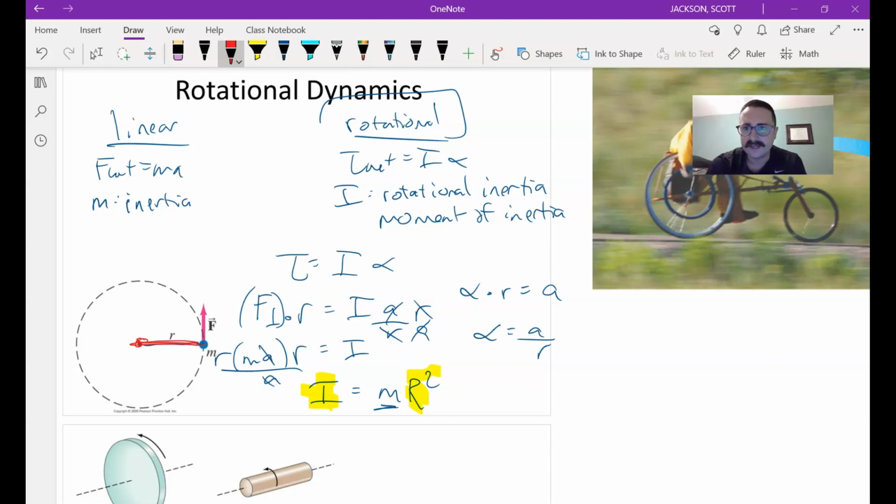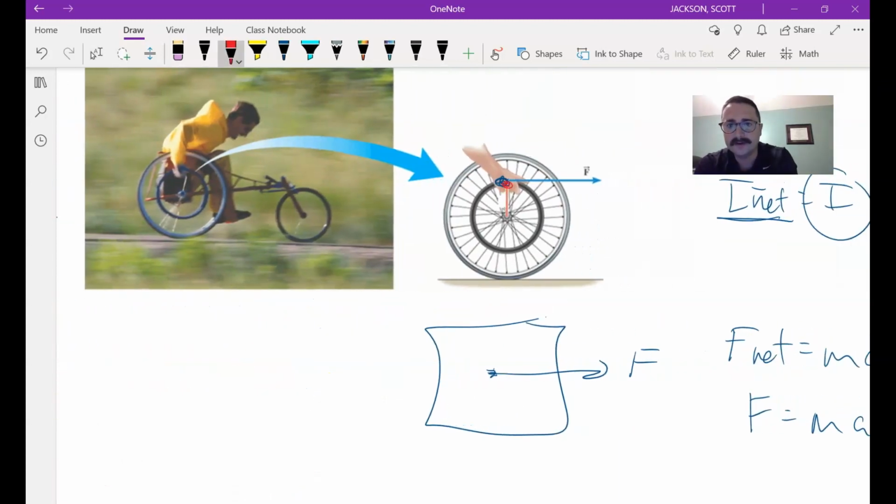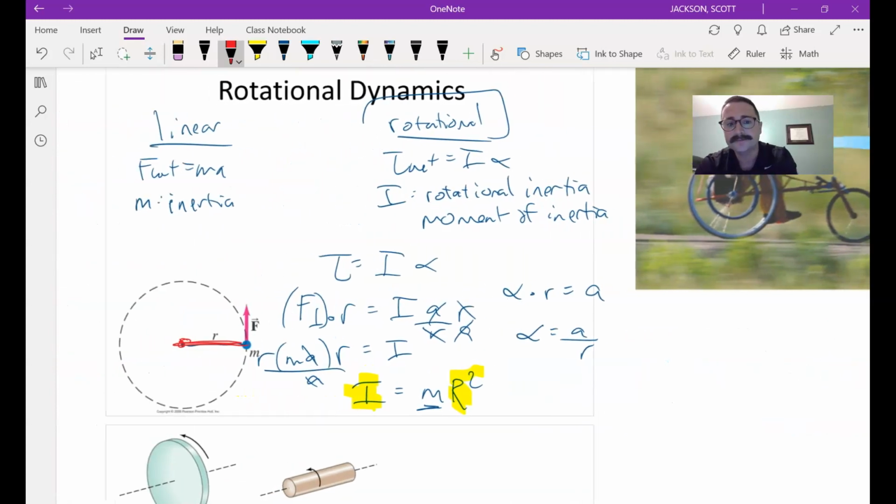Something that is farther away is harder to rotate than something that is closer together. That's why we went back to this: if I'm pushing here, this is going to be easier to rotate than the outer portion, because if I look at I equals mr squared, that inner red loop has a smaller r. It's closer to the axis of rotation, so it's going to be easier to rotate.